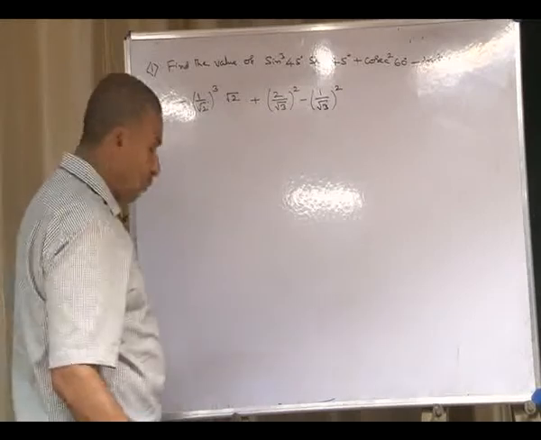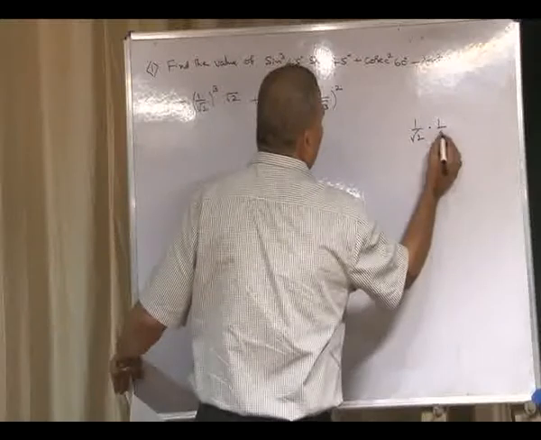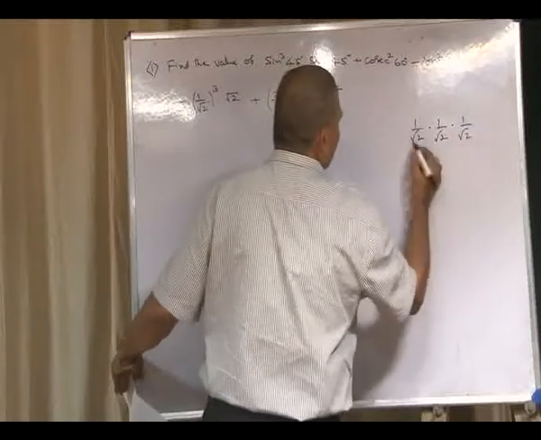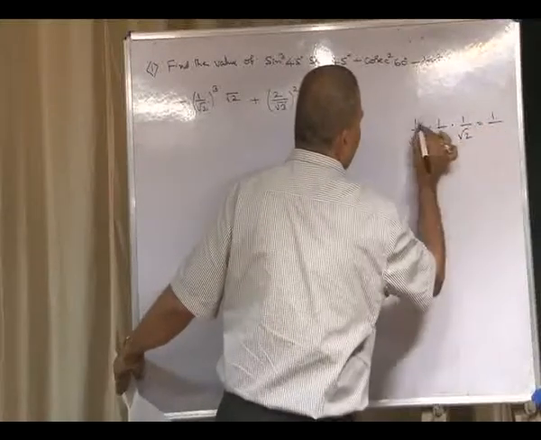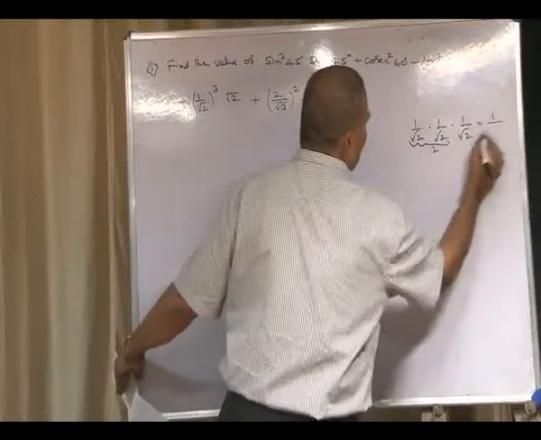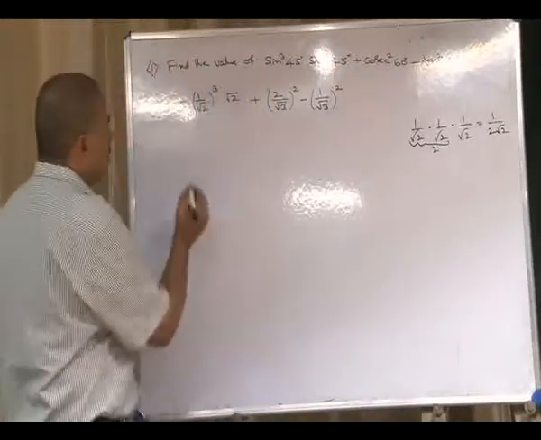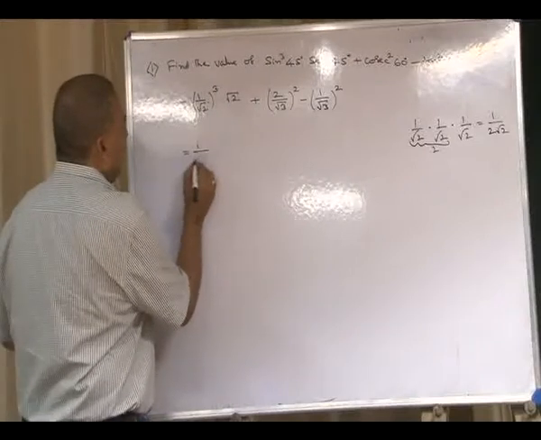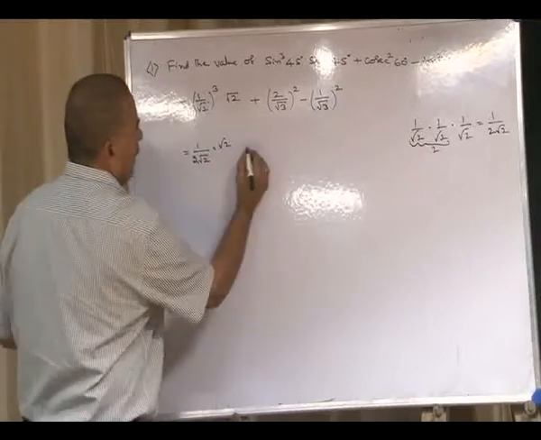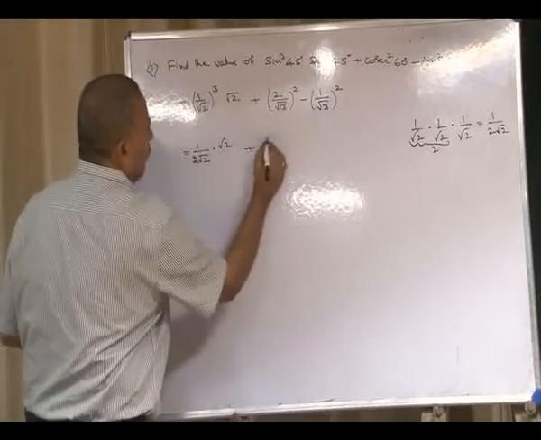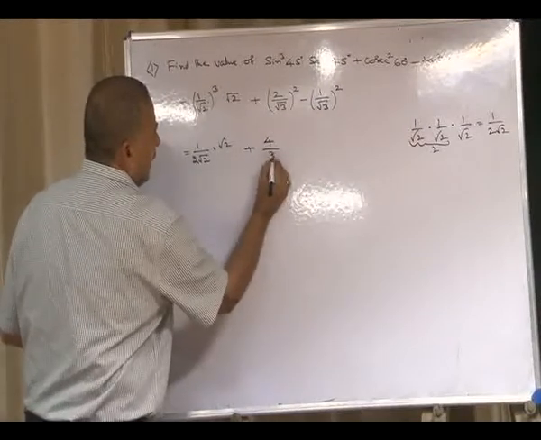1 by root 2 the whole cube means 1 by root 2 into 1 by root 2 into 1 by root 2. Root 2 into root 2 is 2, and 1 into 1 is 1, so 1 by 2 into root 2 is 2 root 2. That is 1 by 2 root 2 into root 2, plus 2 square is 4, root 3 square is 3.